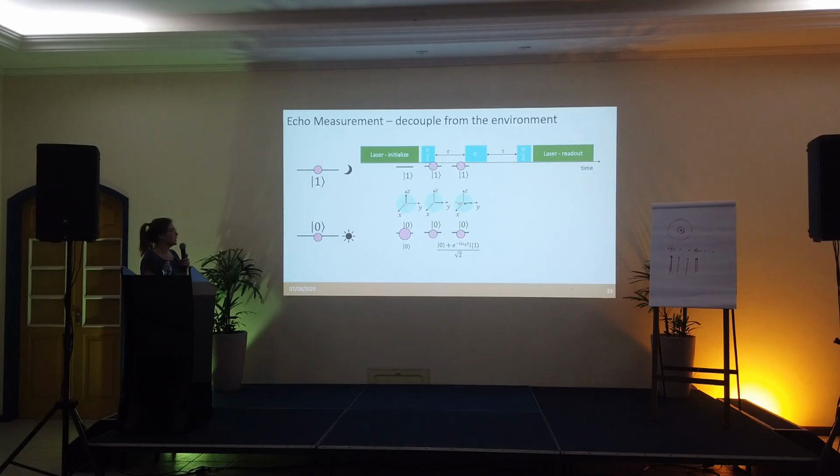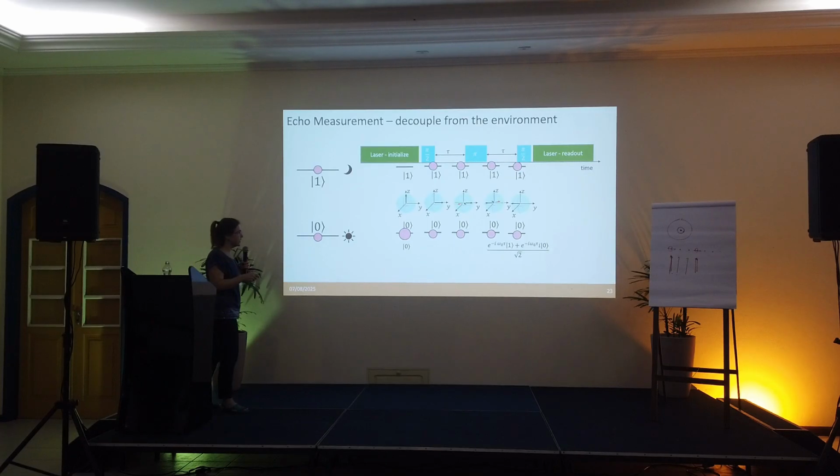that's shown explicitly here. But then after my spin flip operation, what I've done is I've swapped these two states. And as I acquire the phase in my second time evolution, I acquire it on the other part of my quantum state. And now this has become a global phase factor.